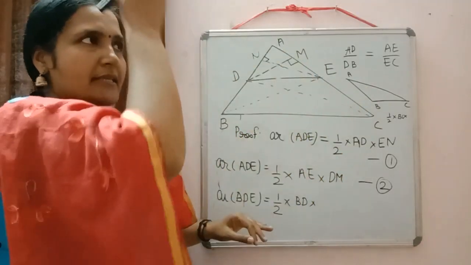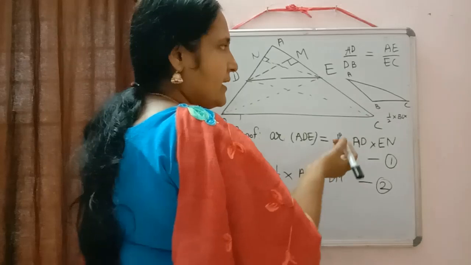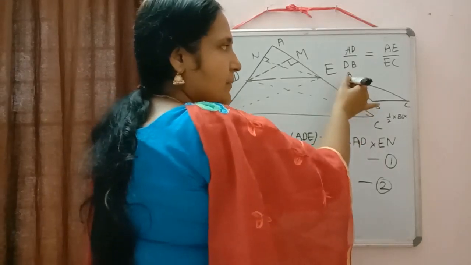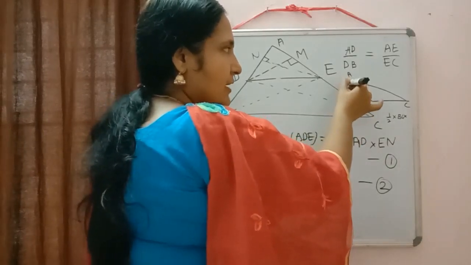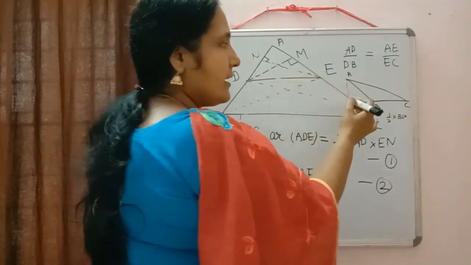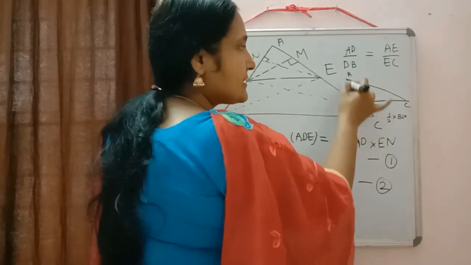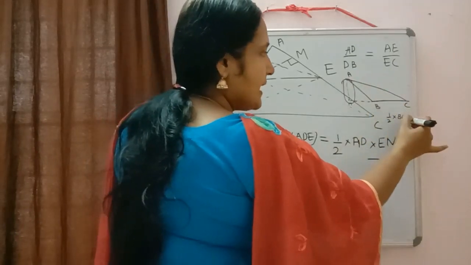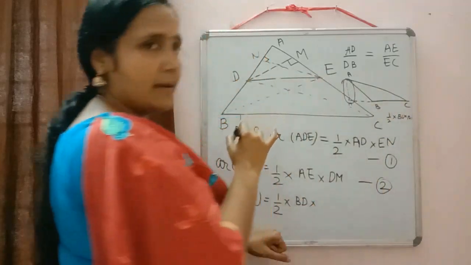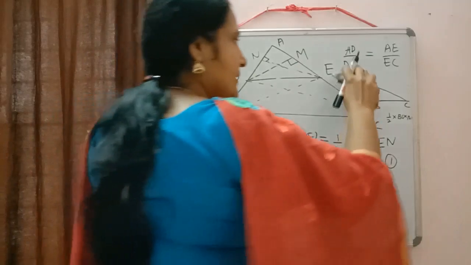Height should always be a straight perpendicular distance, and I can draw it from the point A only. When I draw the perpendicular, it will come outside the triangle, correct? It is coming outside the triangle, but we will take this as the height, AM. So perpendiculars can come outside the triangle also.